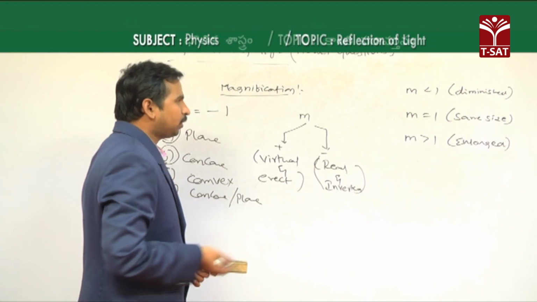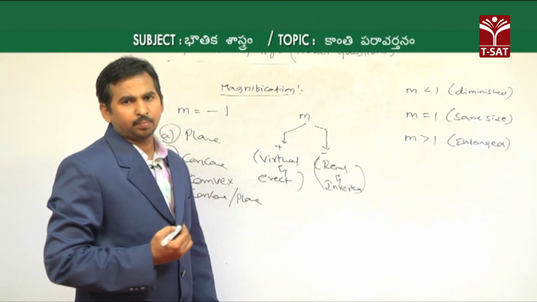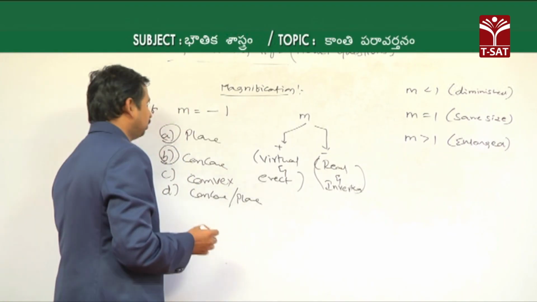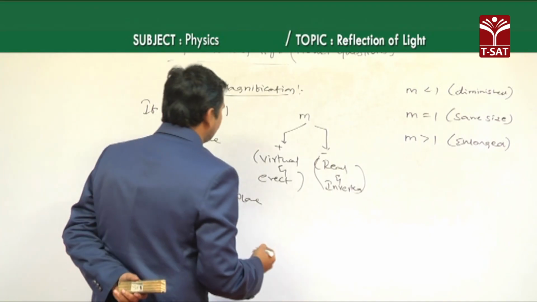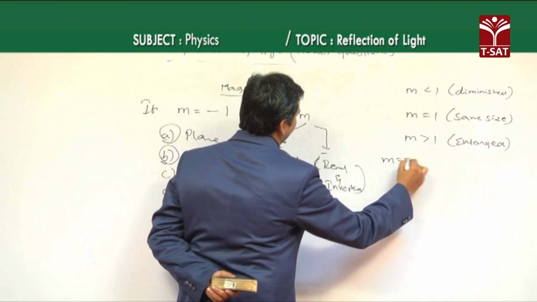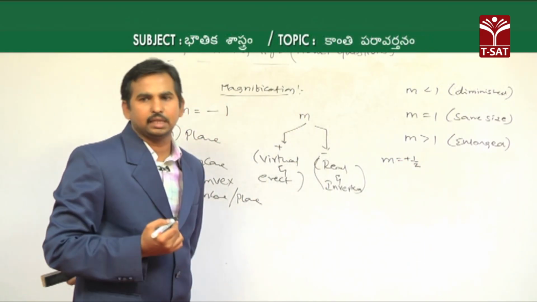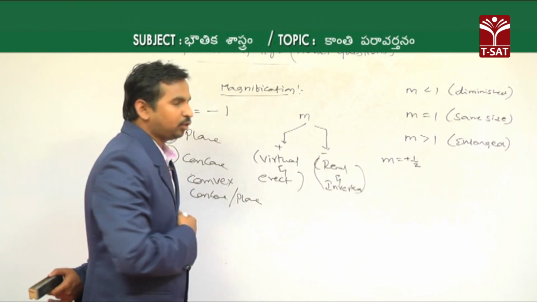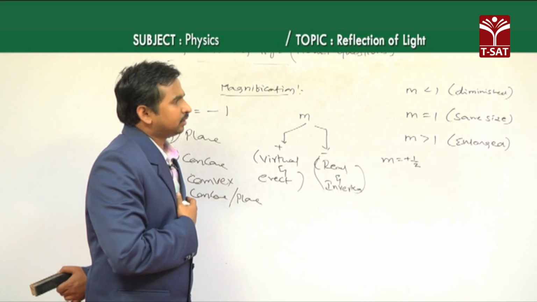Suppose they give an m value less than 1, for example m equal to plus half. The value is less than 1, so it is a diminished image.